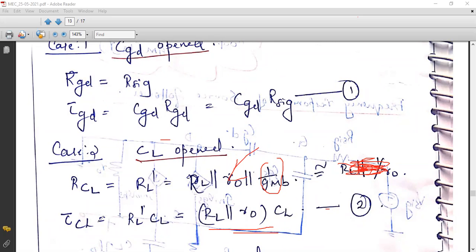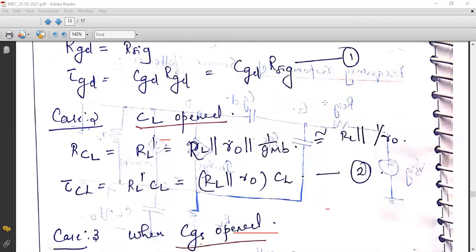Accordingly, we have to find tau CL, tau GD, whatever it is, and then we will finalize with FH. So be careful while doing the numericals. Either you will take this equation or you will take that equation, depending upon your question. In certain cases, 1 by GMB will not be considered. In other cases, 1 by GMB will be considered, according to your body effect.